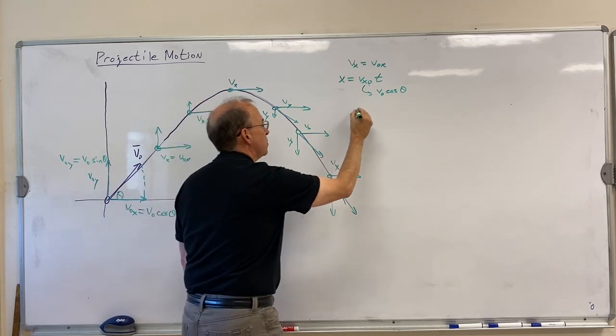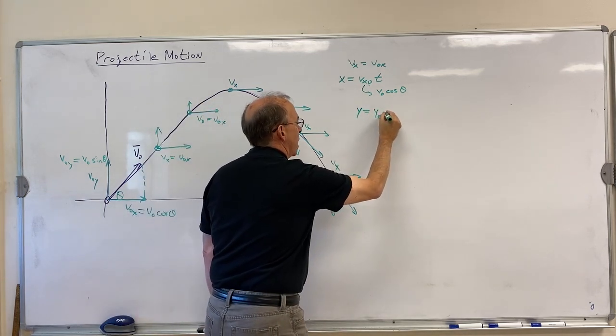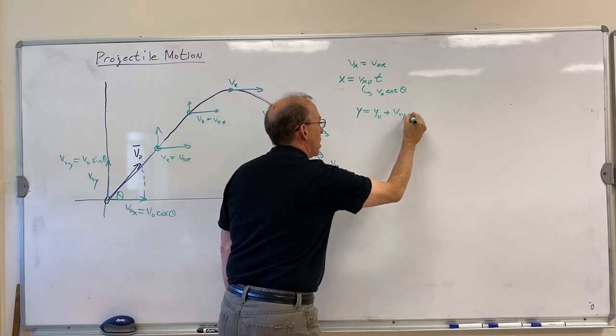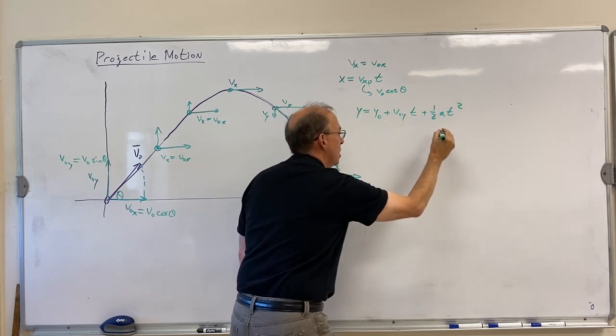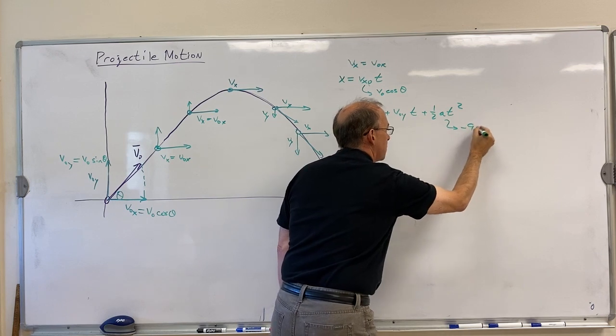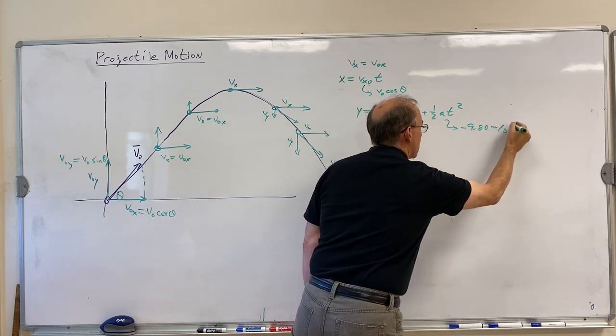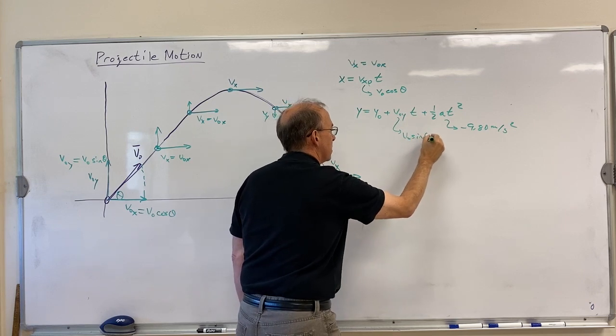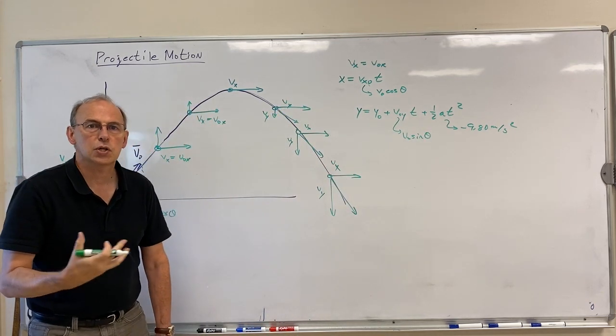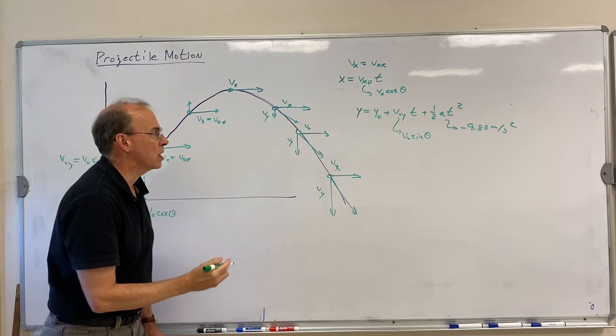In the y direction, we've got y is y naught plus v naught y t plus 1/2 a t squared, where this a is minus 9.8 meters per second squared, and this v naught y is v0 sine theta. You have to use just the y part of the velocities.